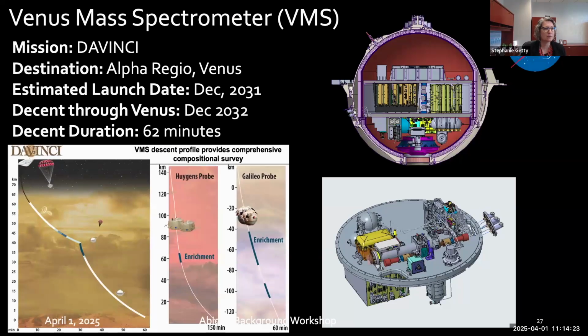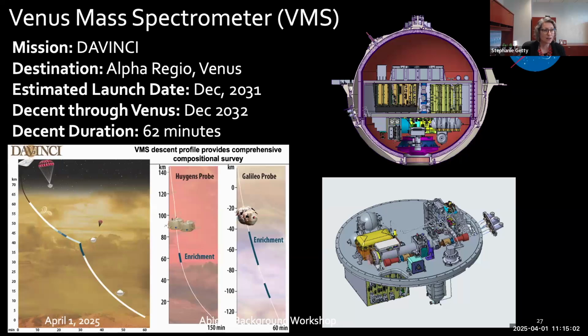Oh my goodness. Well, how could I forget about Venus? Okay, so in one of my other jobs, I am Deputy PI of DAVINCI, the mission to Venus, and we will carry Charles Malespin's Venus Mass Spectrometer. Now, Venus is not shown to be a habitable environment or necessarily the top target for astrobiology investigations, but what VMS will do, and I'm super excited to be part of the leadership team, will be able to look through a transect of the atmosphere to establish our basis of understanding and interpretation of a future search for potential biosignatures on Venus.